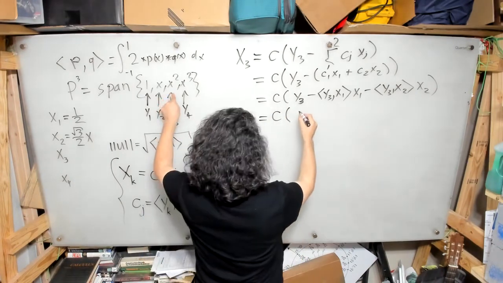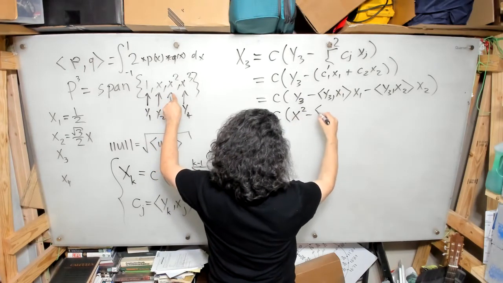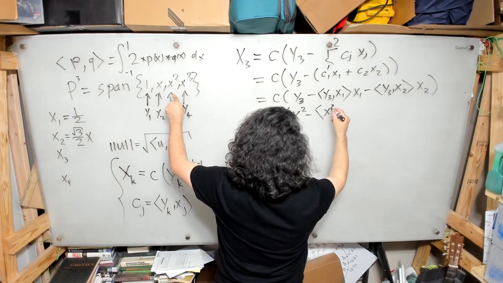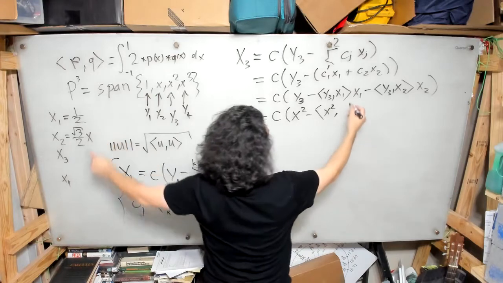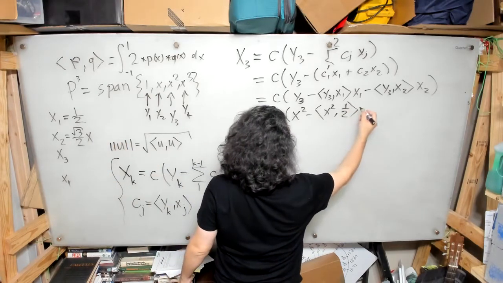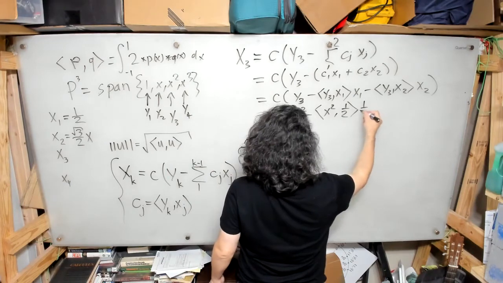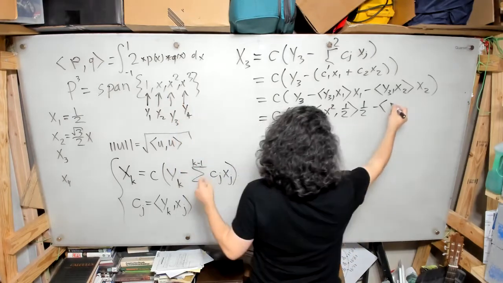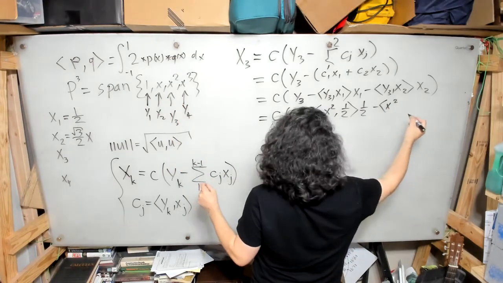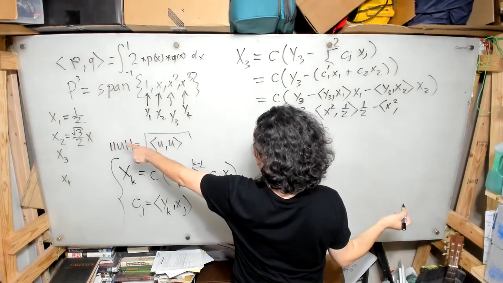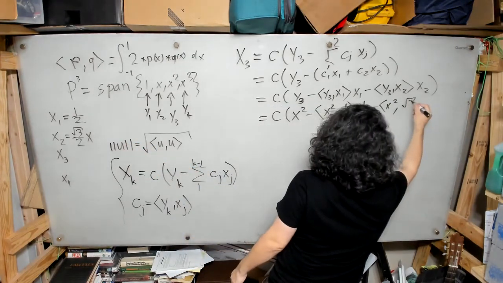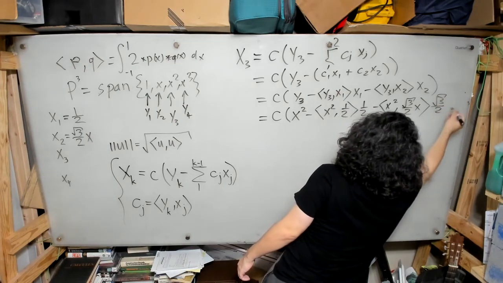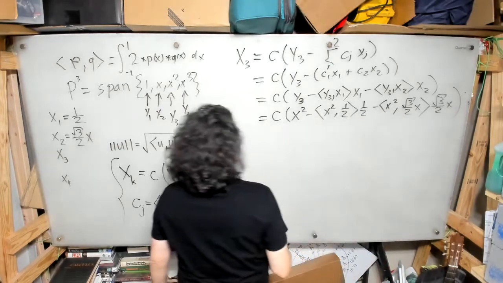My y3 is x squared minus the inner product of x squared with my x1, which is 1/2, and that times my x1, which is 1/2, minus my y3, which is x squared, times my x2, which is square root of 3 over 2 x, times the square root of 3 over 2 x.